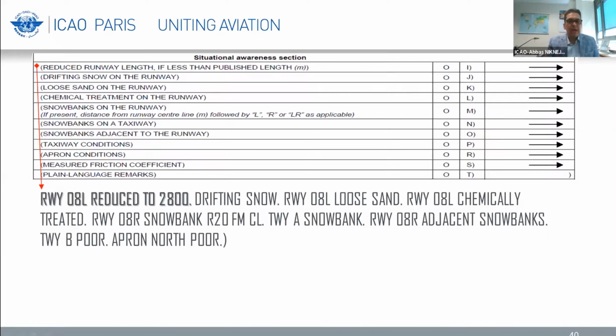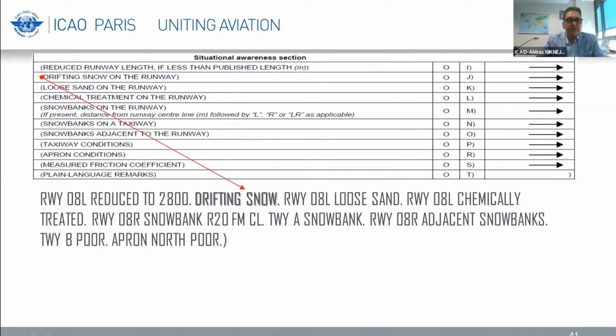And if this happens, you also need to issue a separate NOTAM to inform users about the new declared distances, and this information would be linked to the information provided by a NOTAM.